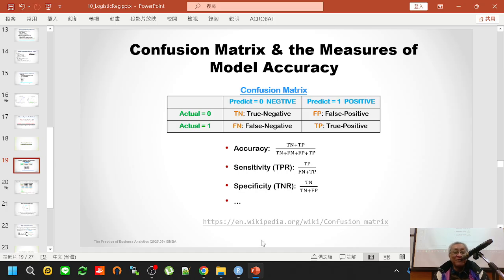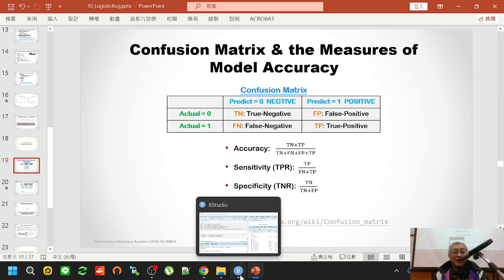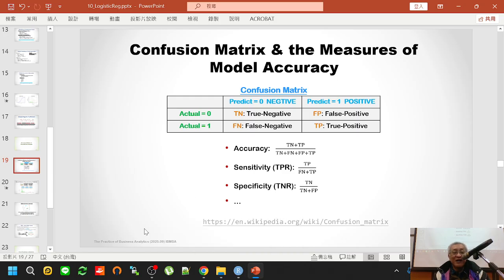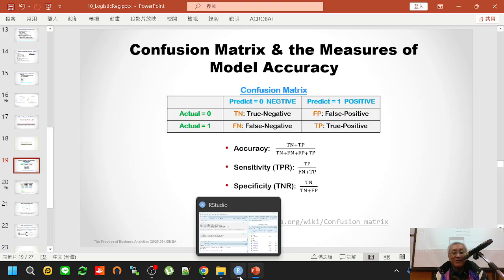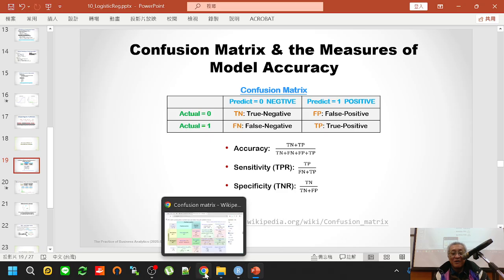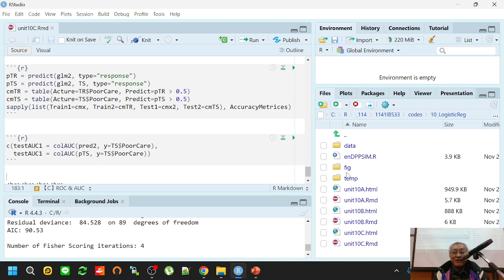So here I'm giving you a simulator so you can see it better. Here is the ENDPPSIM.R file.